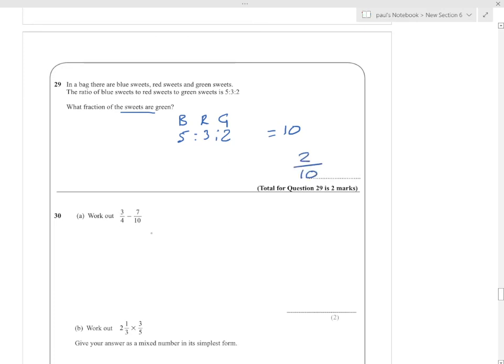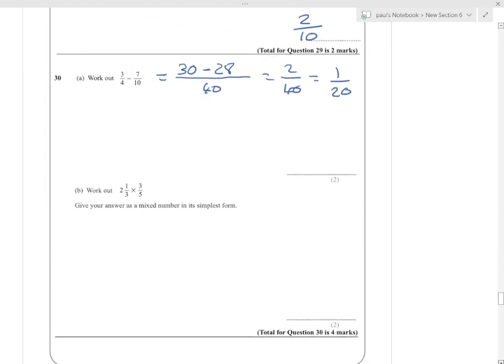Work out that minus that. We need to find a common denominator. I'm going to do it the lazy way, the easy way. 4 times 10 is 40. Cross multiply. 10 times 3 is 30. 4 sevens are 28. Minus. So we've got 2 over 40, which can be simplified to 1/20th.